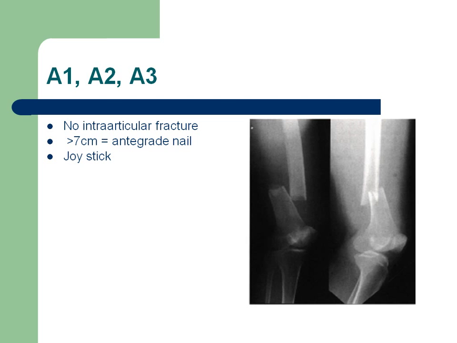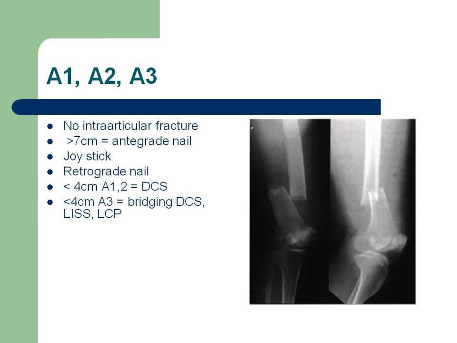Or a retrograde nail if it is less than 4 centimeters, A1 or 2, or DCS could be used. If it is less than 4 centimeters, A3, bridging DCS or LISS or LCP plate, we can use.